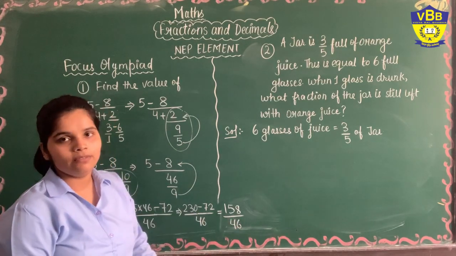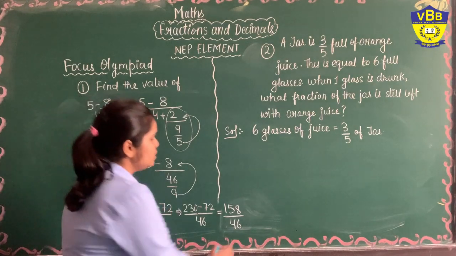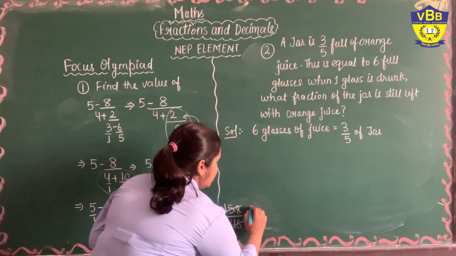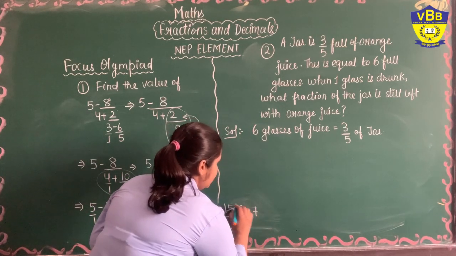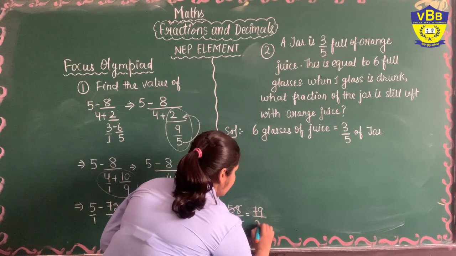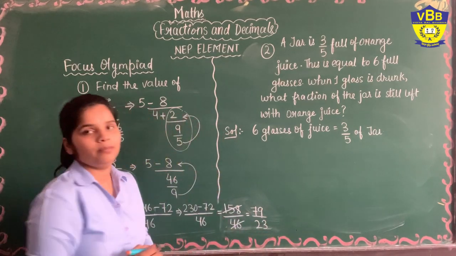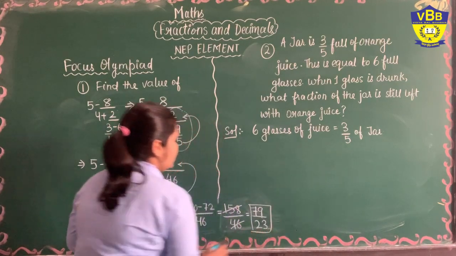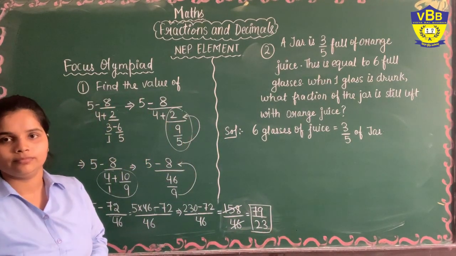Both the numbers have a common factor, that is 2. So simplify it first. That will give 7, 2 7s are 14 and it is 9, 79 by 23. So the answer is 79 by 23.